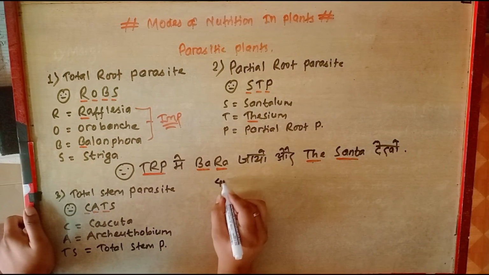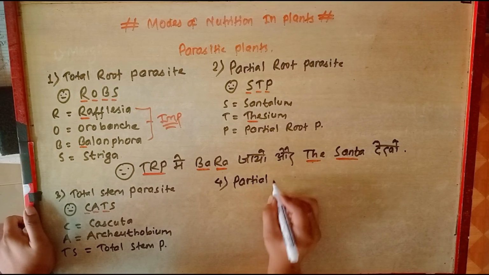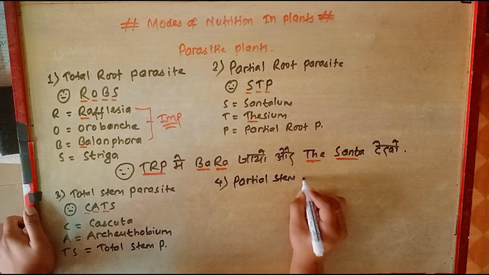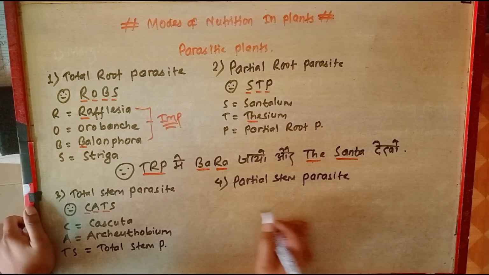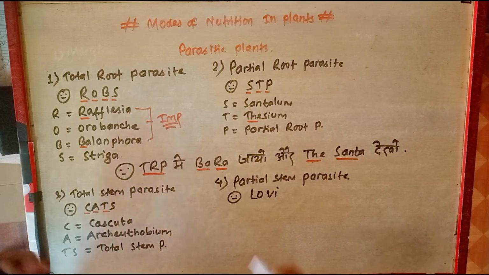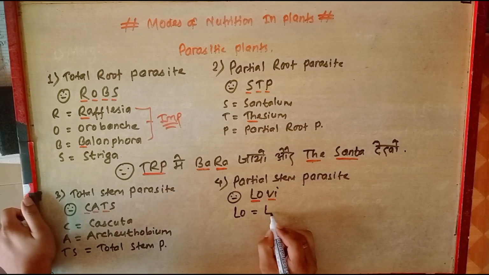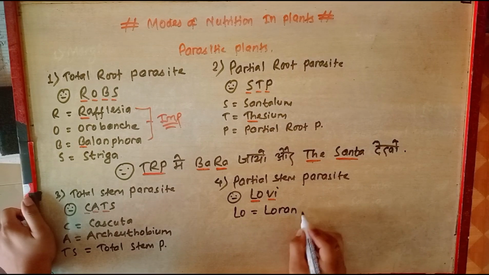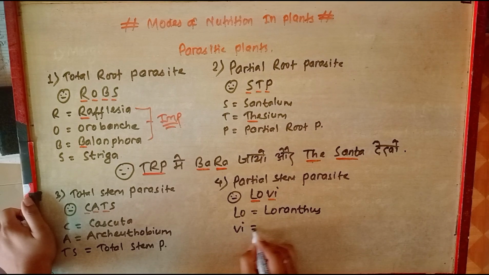And now let's move into the partial stem parasite. And the trick is, remember LOV. So first, LO means Loranthus, and V means Viscum.